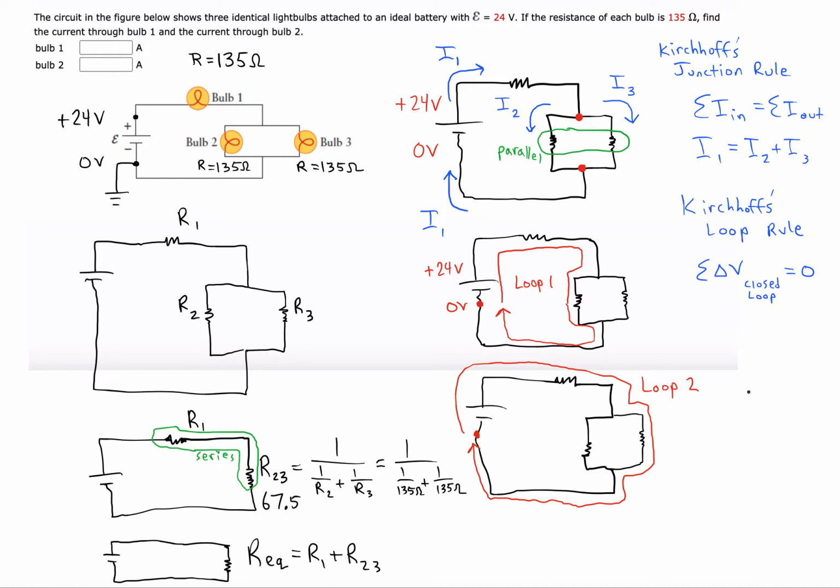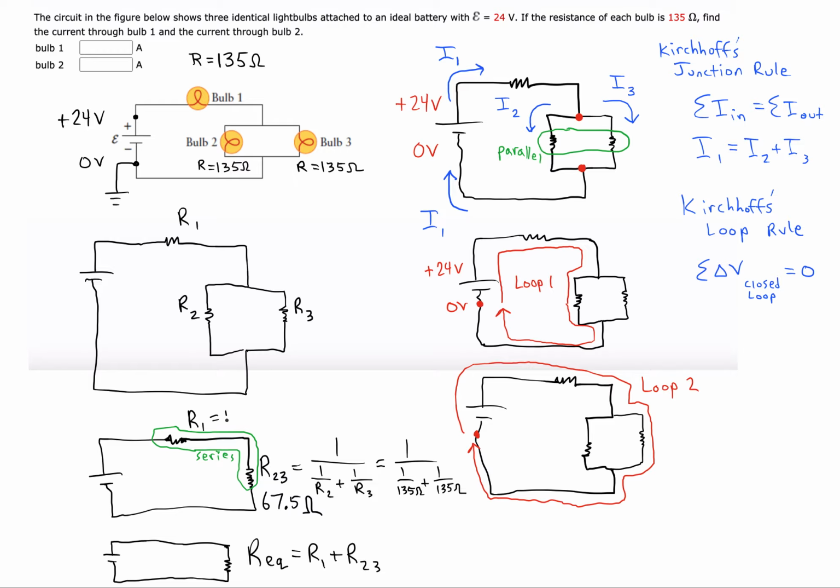So the idea being that opening two channels where current can flow actually will end up allowing more current to flow because the overall resistance of that parallel branch is less than just one of the resistors alone. So 67.5 ohms is what we're talking about.